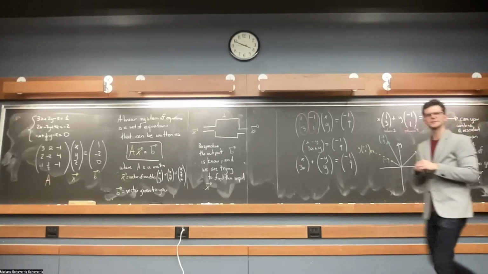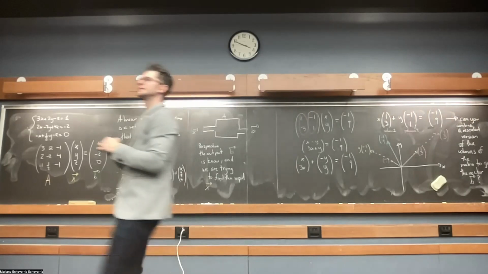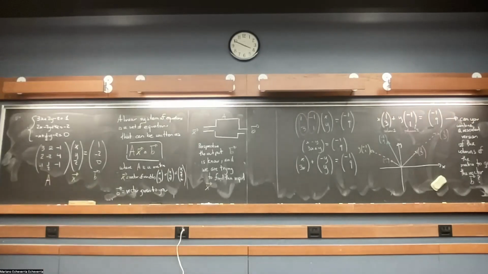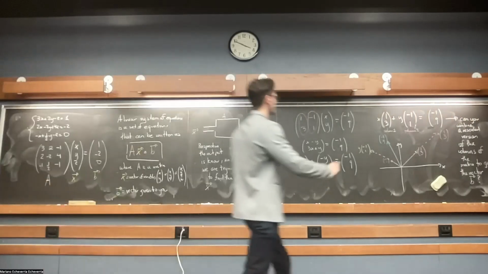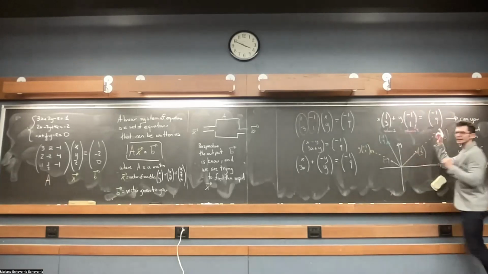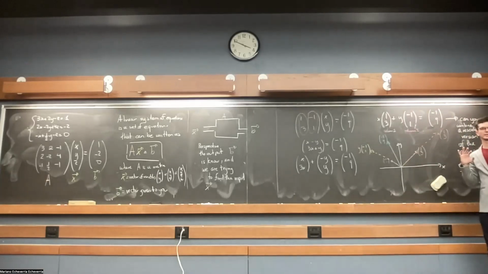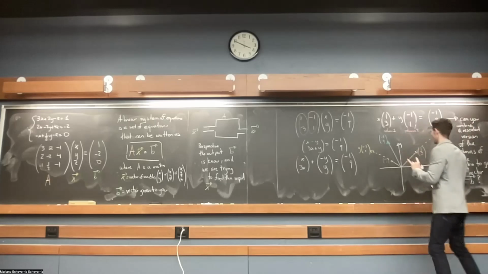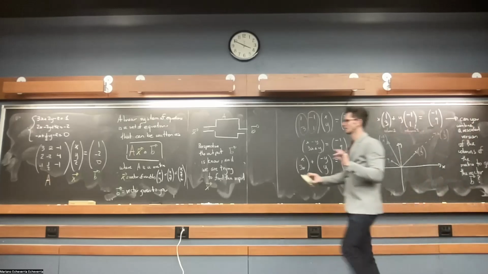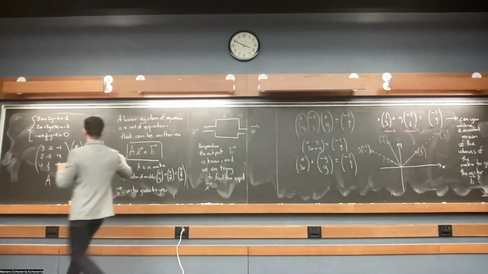Okay, that making sense? So from this perspective, solving a system of linear equations is just asking whether you can express the output in terms of the columns of the matrix, which is a very important idea to have in mind. So let me just write that down here.